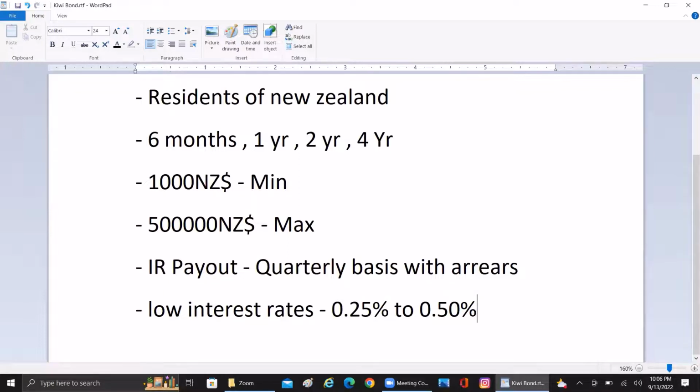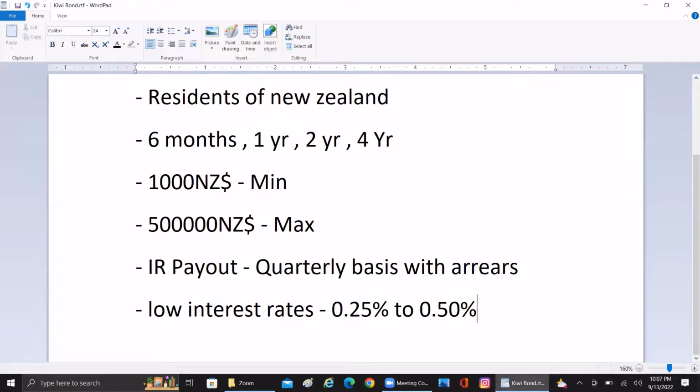And these Kiwi bonds have one more interesting thing to tell. They can be directly purchased from the government by filling up the appropriate application forms. At the same time, they are also made available in the domestic banks and other financial institutions within New Zealand. So people don't have to wait in a queue to reach government officials.